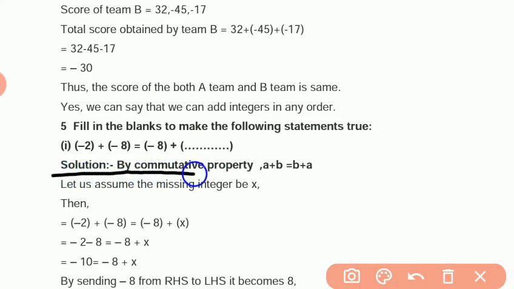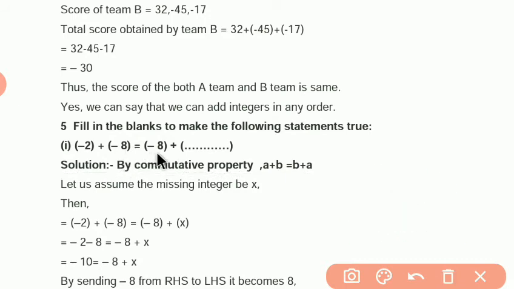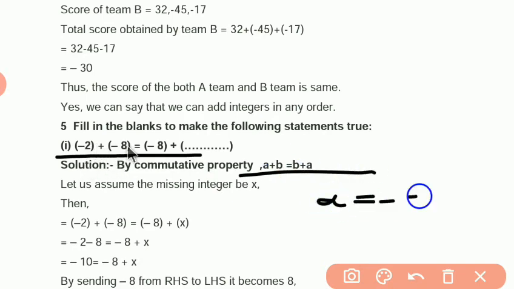There are two ways, direct one and by solving. First, by the commutative property we know that a plus b is equal to b plus a. Here two integers are given. Using this we can see that it is given in the form of the commutative property. Here a is minus 2 and b is minus 8, which is equal to b plus a.